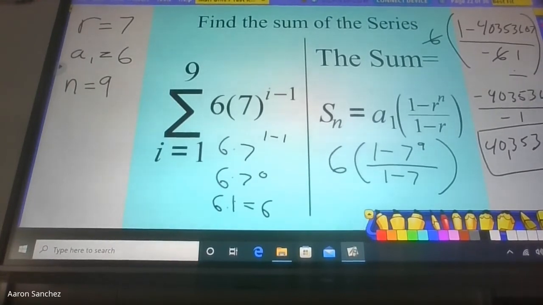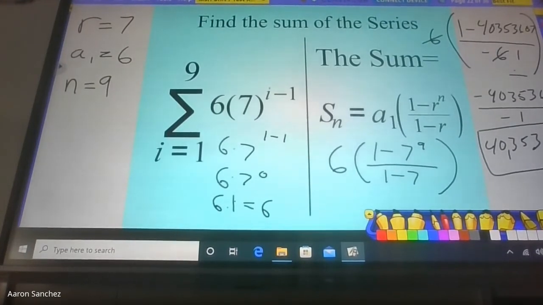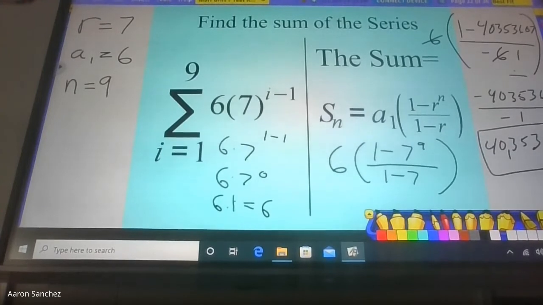A negative divided by negative is a positive. Anyway, so make sure you know how to do that. A lot of these are just basic algebra skills, right? So if you're not strong on the algebra skills. Any questions on that?